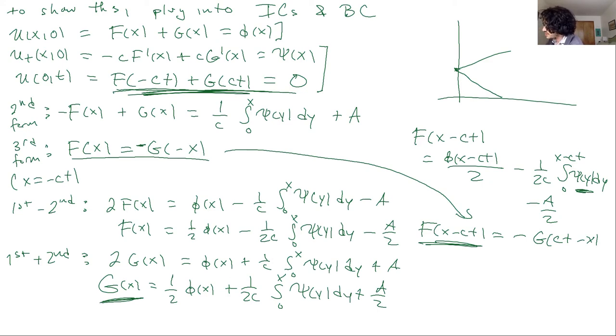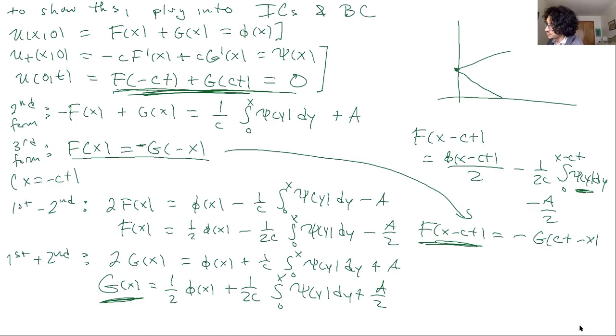So let's put all this together now, okay? So I have that f of x minus ct is equal to minus g of ct minus x, which I know is going to then be equal to the negative of this evaluated at ct minus x.